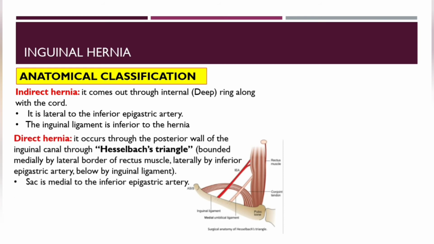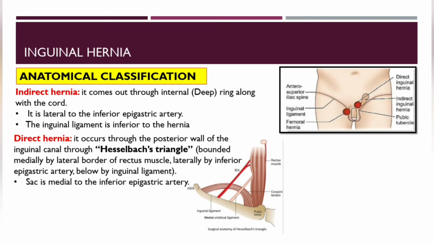The direct inguinal hernia occurs through the posterior wall of the inguinal canal through Hesselbach's triangle. This is Hesselbach's triangle, which is bounded medially by the lateral border of the rectus abdominis muscle, laterally by the inferior epigastric artery, and below by the inguinal ligament.